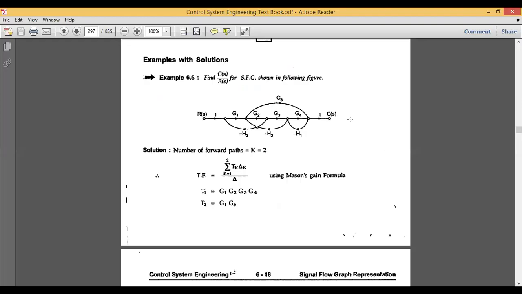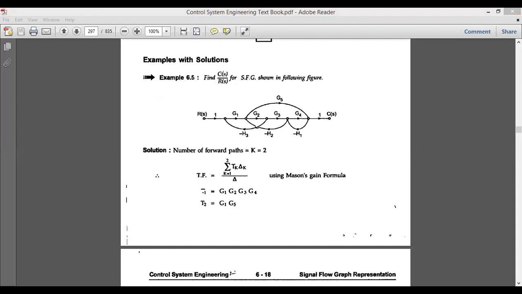Okay, so let us consider one example. The question asked here is to find the transfer function for the given signal flow graph. This signal flow graph is represented by C of S divided by R of S. Many times in the given question, this C of S and R of S will not be the same.